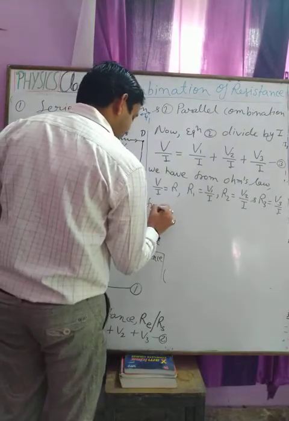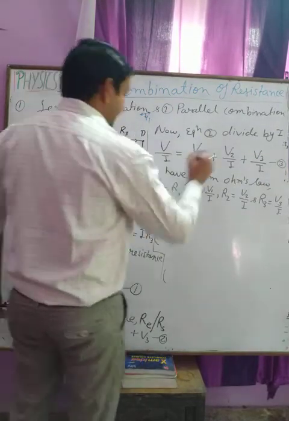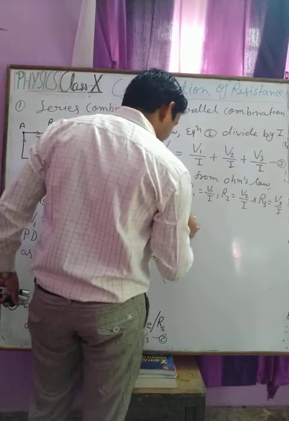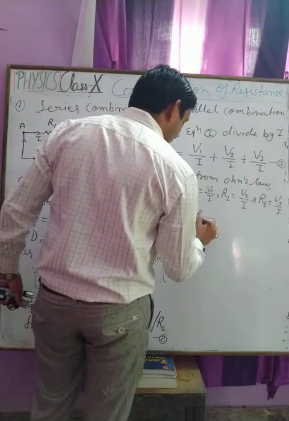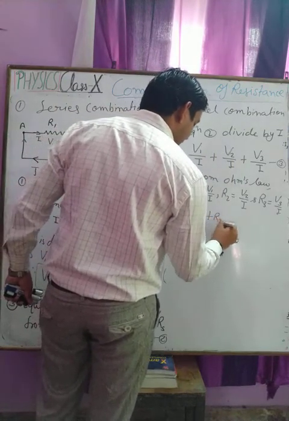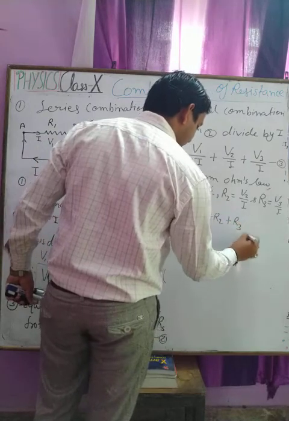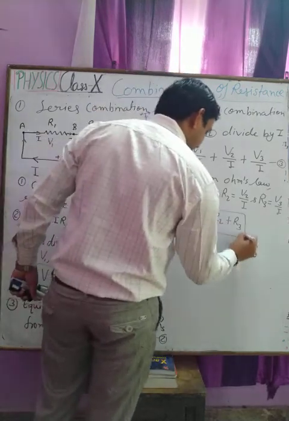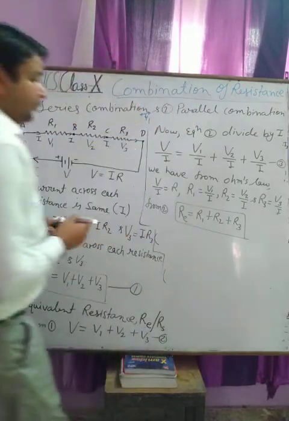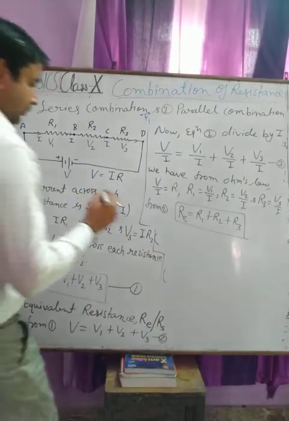From equation third, we are getting R is equal to R1 plus R2 plus R3. This is the equivalent resistance in series combination.